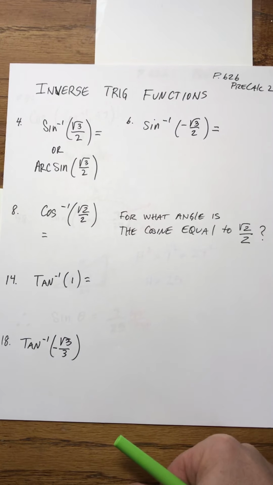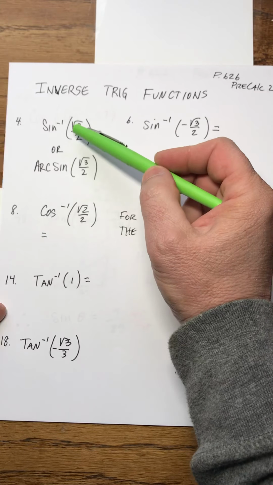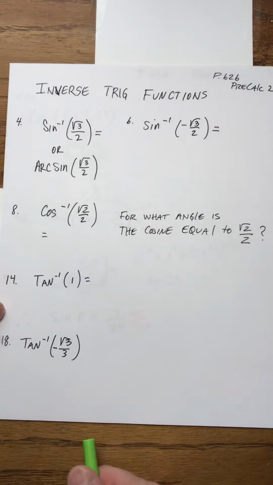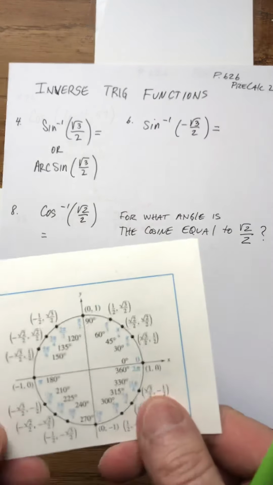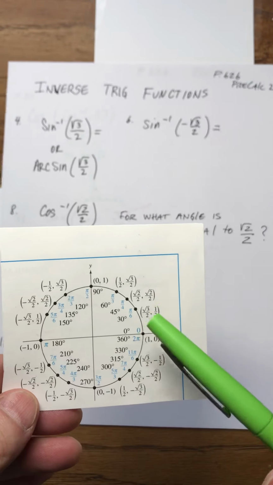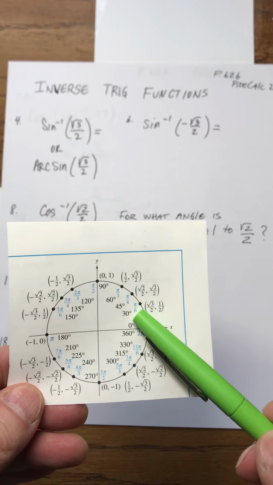And really what this is asking is, for what angle is the sine equal to square root of 3 over 2? So it's asking a question. And very simply, if you look at your unit circle, and you look at where square root of 3 over 2 comes in, that would be at pi over 6.